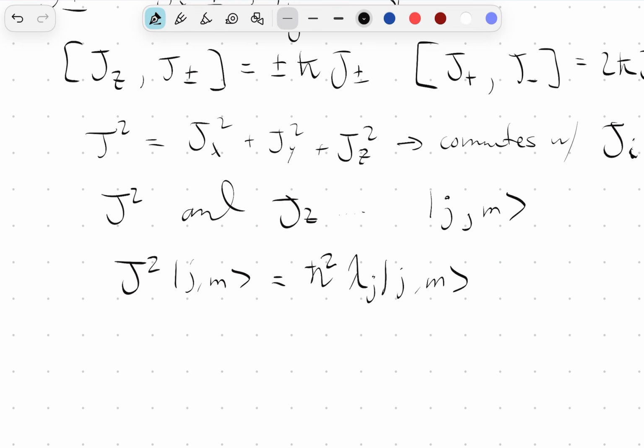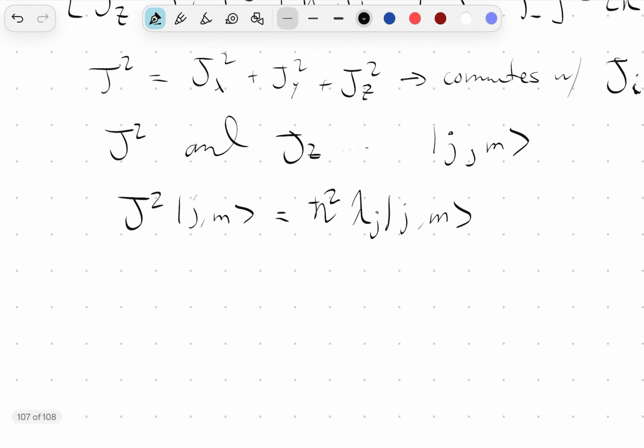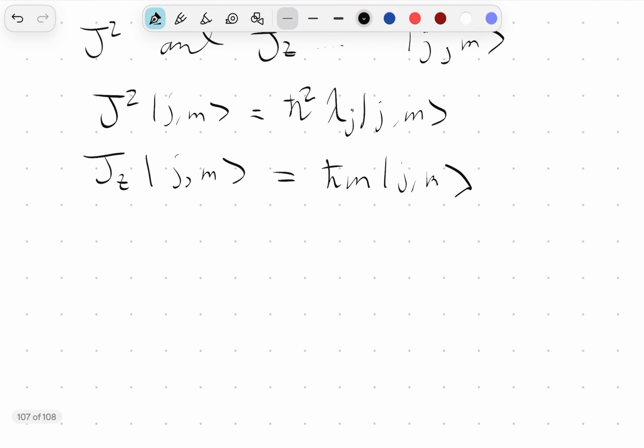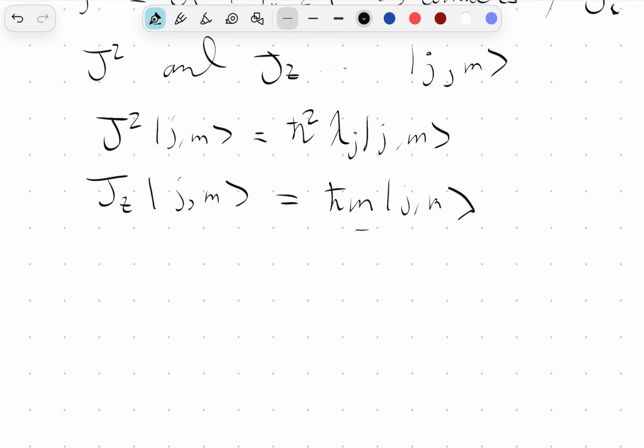with this state. All right, and then if we look at how Jz acts on |j m>, this should give us ℏ m |j m> here. And these ladder operators are going to shift this m value.